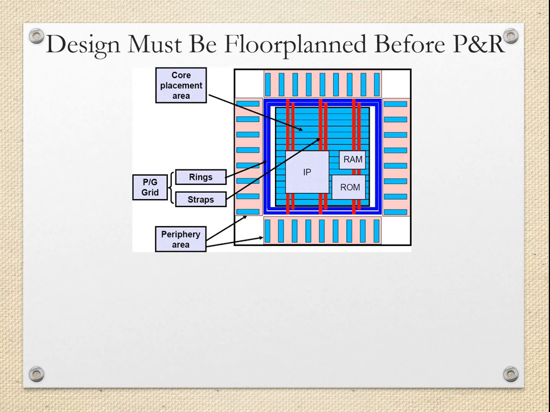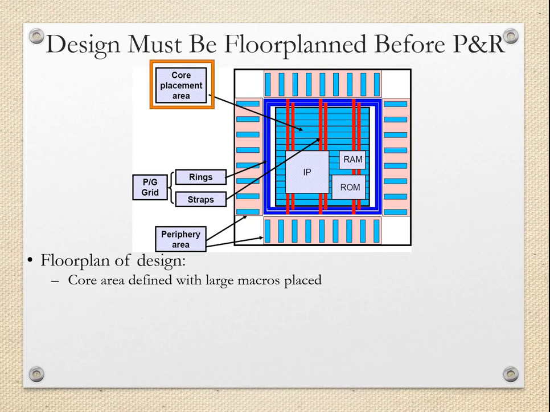So in this floor plan, the core area is defined with the large macros placed. Whatever number of large blocks are present in the design, those blocks will be placed at the center.